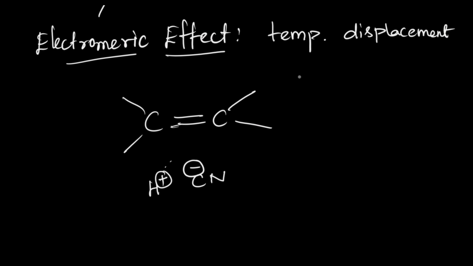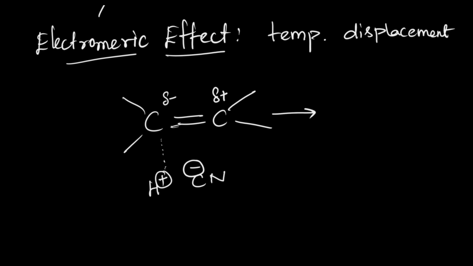Due to the H plus presence, there is an attraction between one carbon and the H plus, correct? In that case, bond breakage will happen. So this becomes slightly positive, negative, and this becomes slightly positive.